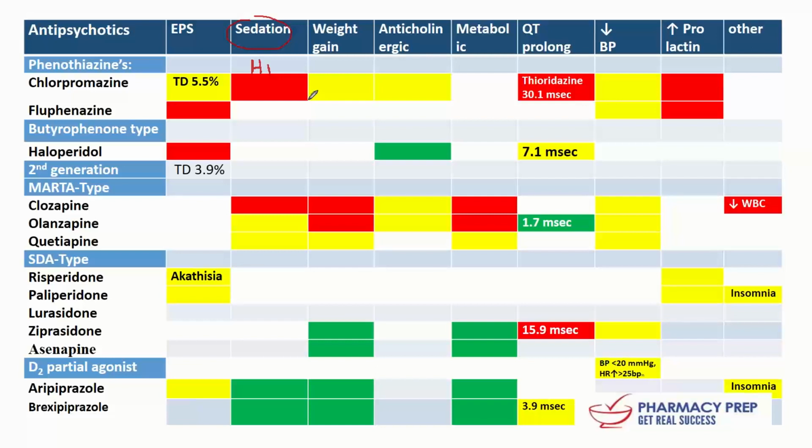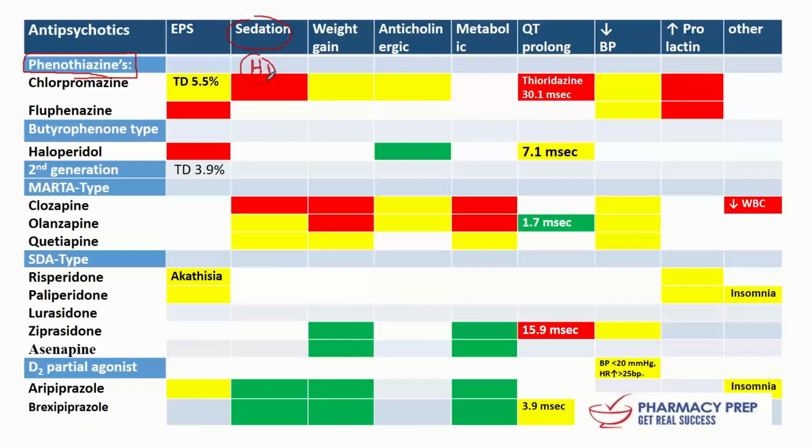Among them, in the first generation, pretty much all phenothiazines, especially low potency phenothiazines such as chlorpromazine, promethazine, and methochlorpromazine, are good examples of first generation phenothiazine drugs, and they have a stronger effect on H1 receptors, and therefore cause more sedative effect.